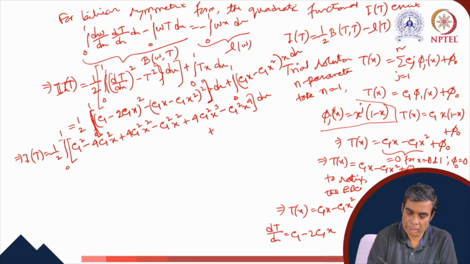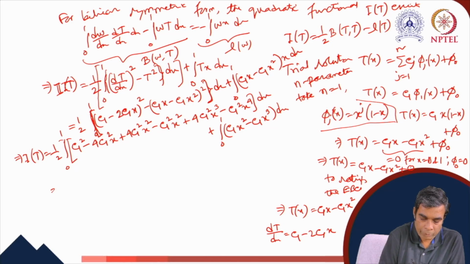Plus, if we perform the integration here, we are having 0 to 1 of c1 x square minus c1 x cube dx. In the next step, we get half of integration.